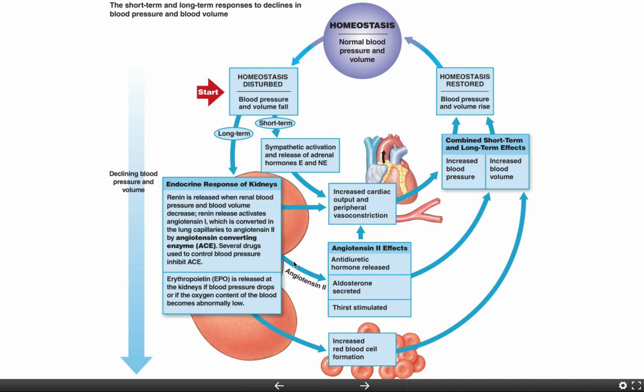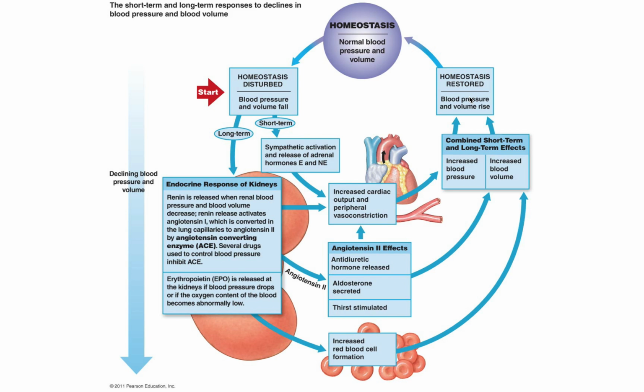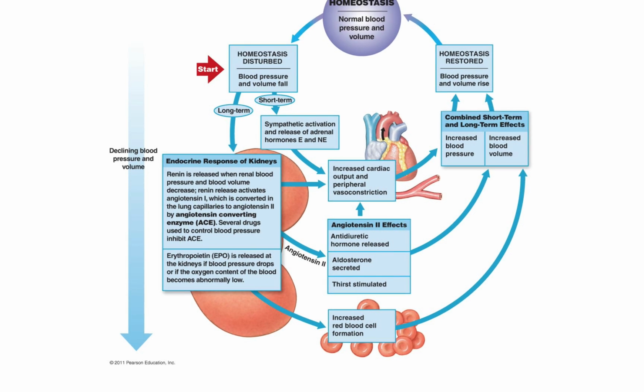It's also going to release other hormones that are going to cause water to be reabsorbed, and these together are going to increase blood volume. And when we increase blood volume, we're going to increase blood pressure. So that's our response to a declining blood pressure and blood volume.